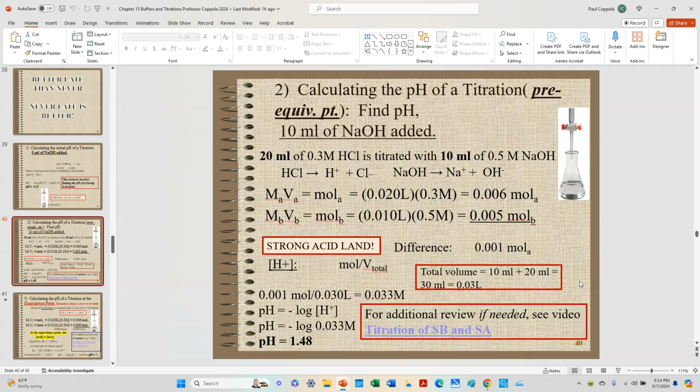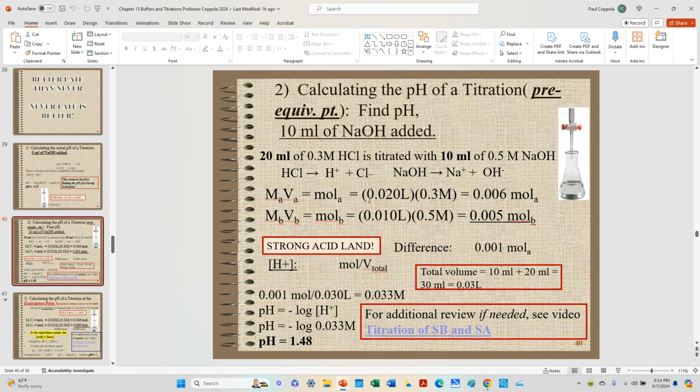Then we're still in strong acid land. I know there's a lot of stuff on this slide. You should look through it carefully, but here we add 10 milliliters of NaOH, and we calculate by taking the molarity times the volume, but the volume has to be in liters.